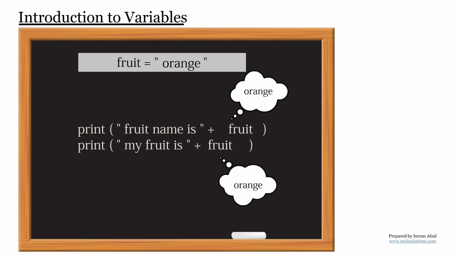It's a lot of work. So that's why we have variables, where you would change just in that variable, you change apple to orange, and the variable name fruit will stay the same throughout your code. So you don't have to change anywhere else in the code. That's the beauty of variables.